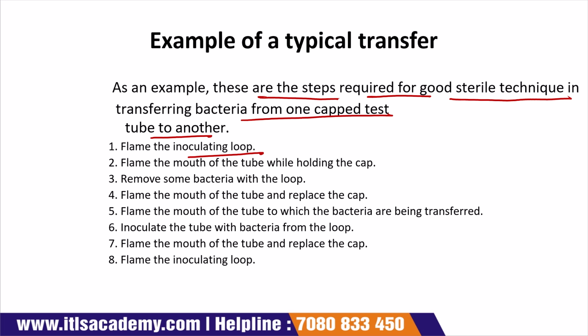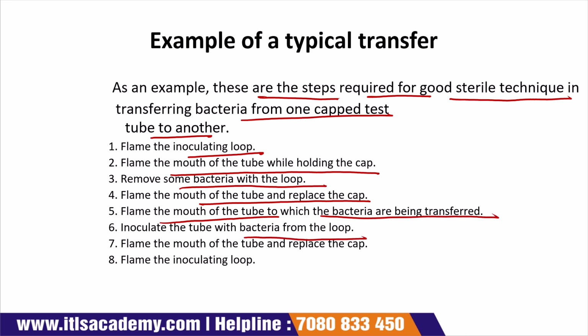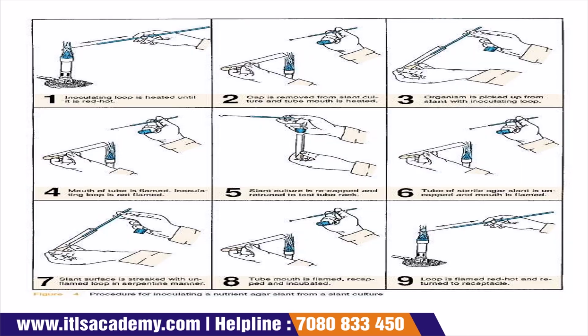Flame the inoculating loop, flame the mouth of the tube while holding the cap, remove some bacteria with the loop, flame the mouth of the tube and replace the cap, flame the mouth of the tube to which the bacteria are being transferred, inoculate the tube with the bacteria from the loop, flame the mouth of the tube and replace the cap, flame the inoculating loop. Now this is the way of transferring bacteria from one container into another container. This is a representation with the help of images.